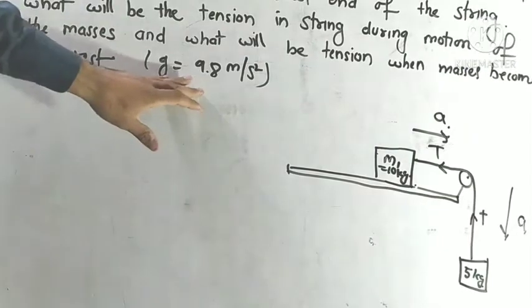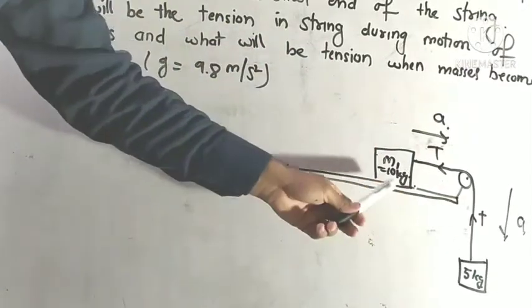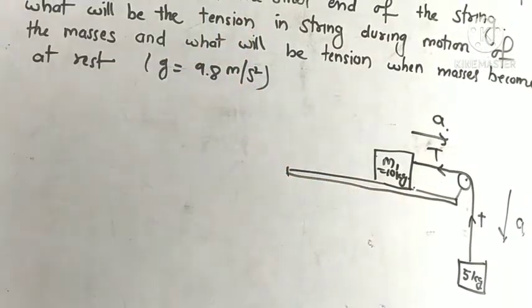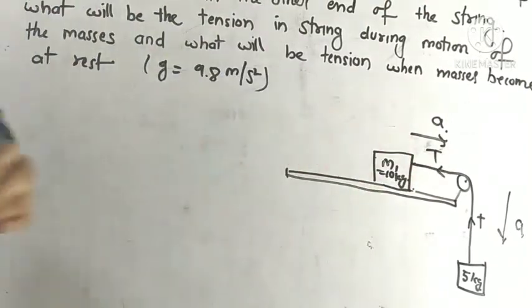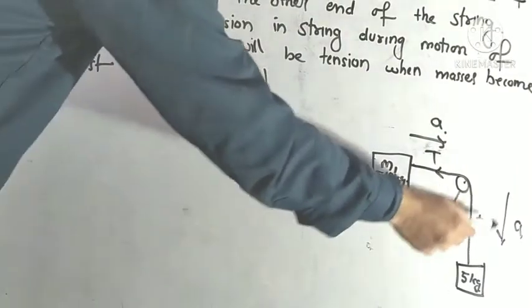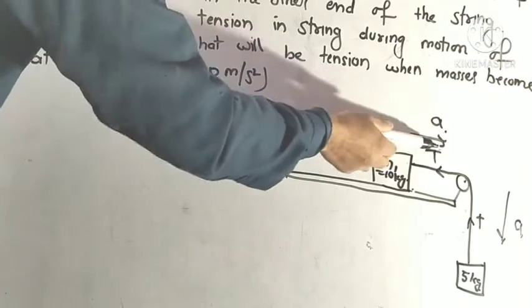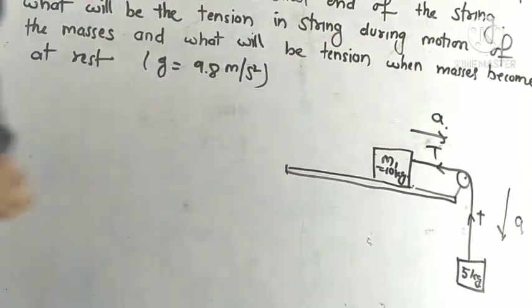In this figure, two masses m1 and m2, m1 is equal to 10 kg and m2 is equal to 5 kg, already given in the question. These two bodies are connected with a string which passes over this pulley, having tension T. Now this body will move vertically downward and this body moves right-hand side with the same acceleration a. So now we have to find the acceleration and tension T in the string.